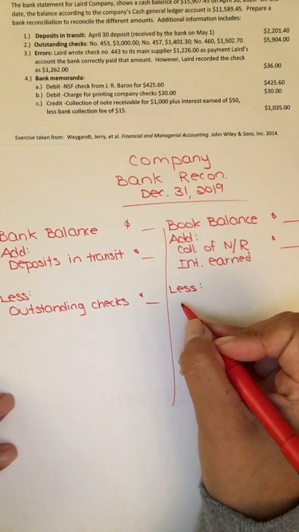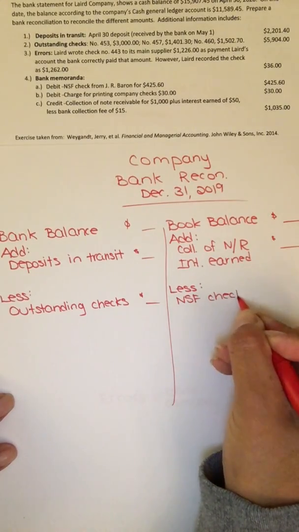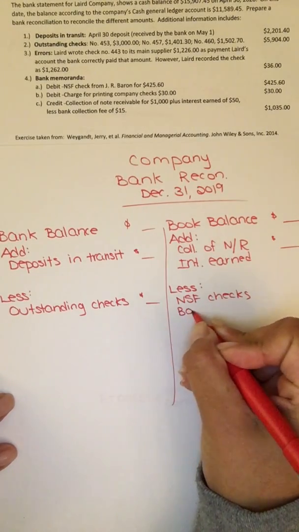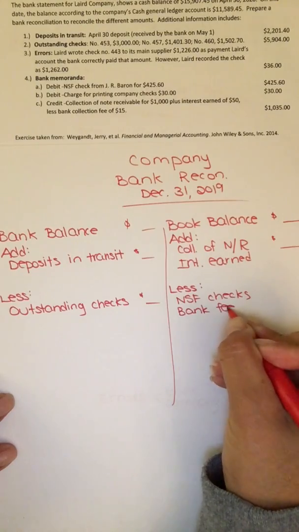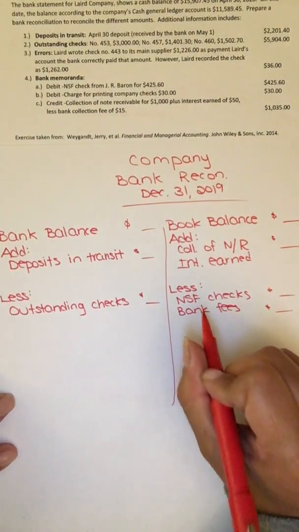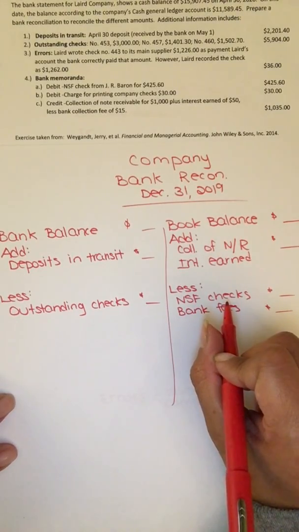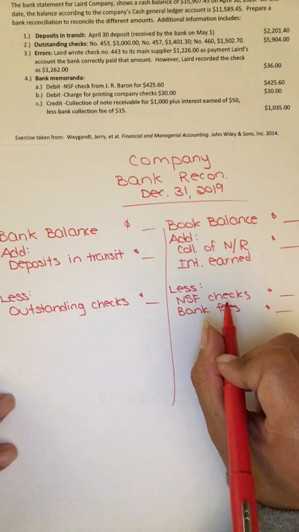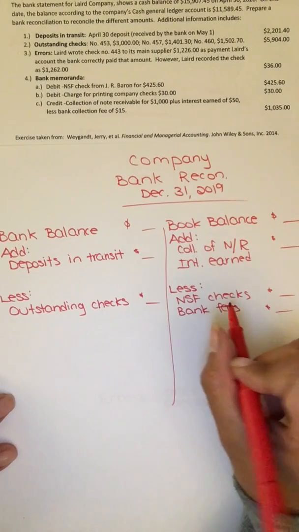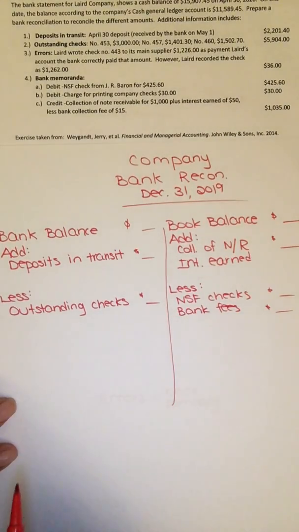Common items that are subtracted from the book side, NSF checks, bank fees, whatever that is. So an NSF stands for a non-sufficient funds check. This is when a customer pays off their account, let's say. We go to deposit that customer check, and there's not enough funds in that customer's account to pay our amount owed. Okay, that's an NSF check.